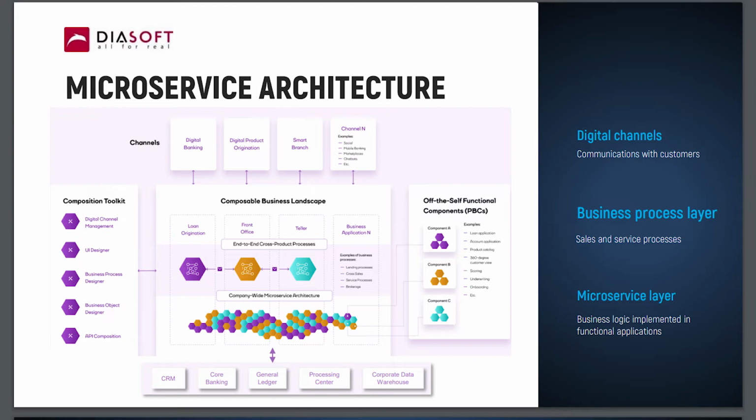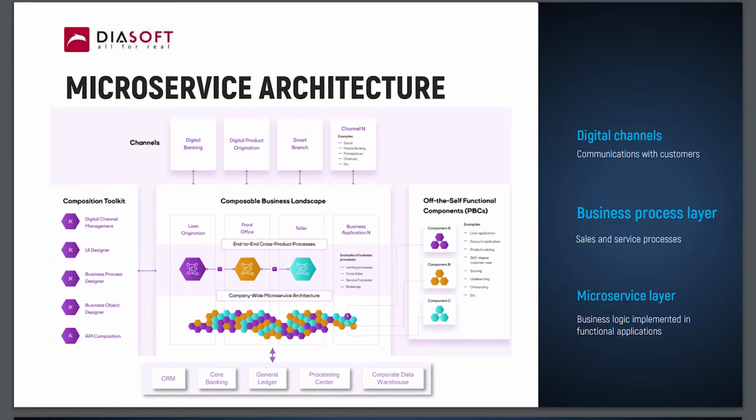The entire business layer of the omnichannel platform interacts with existing bank systems, such as the processing center, data warehouse, general ledger, and others. The bank does not need to change these systems, as the platform is implemented above them and works with data that are stored in the existing back-office systems of the customer.